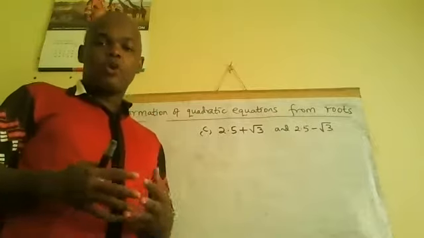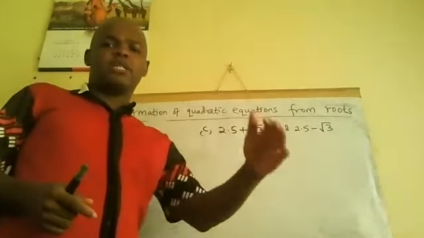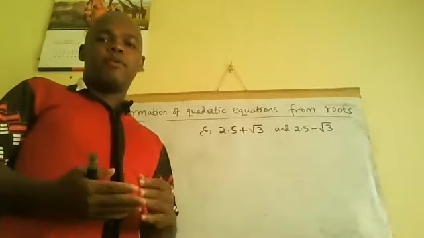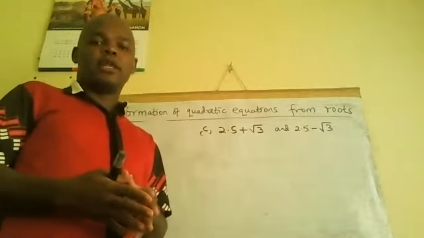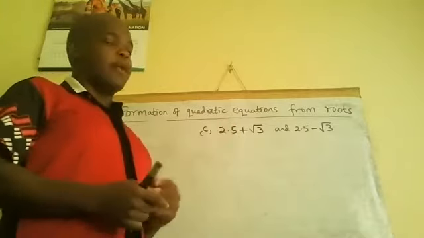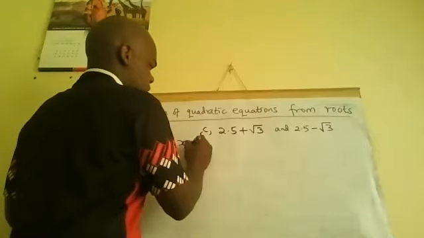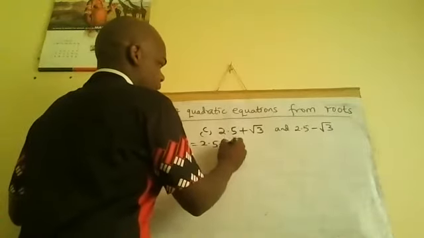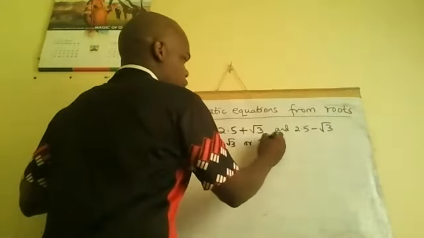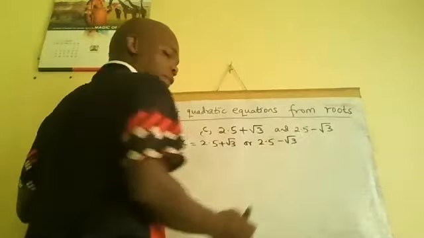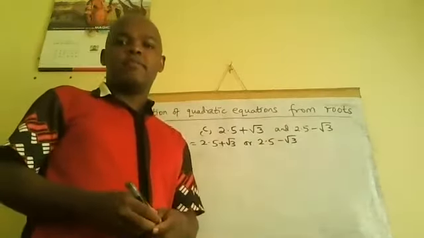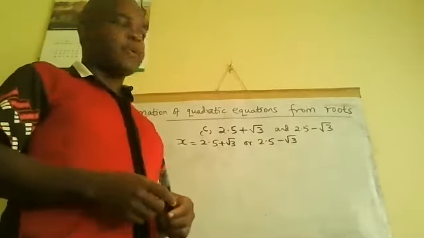Remember, the way we organize this is that we start with the very simple question, then moderate, then lastly we move to the challenging one. So this one. Again, you'll say that x equals 2.5 plus square root of 3, or 2.5 minus square root of 3. If something is not clear, you just tell me, and then I'll repeat.